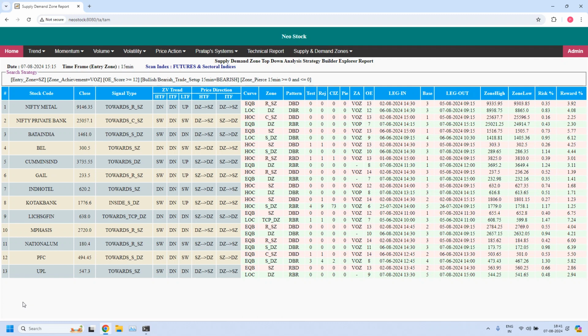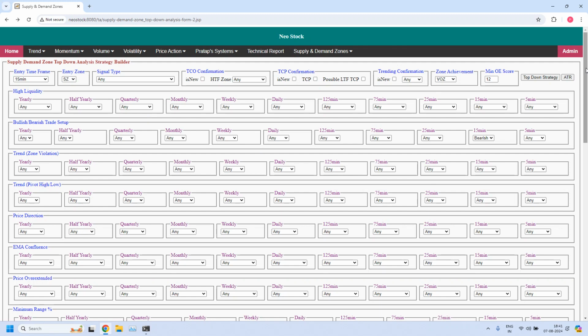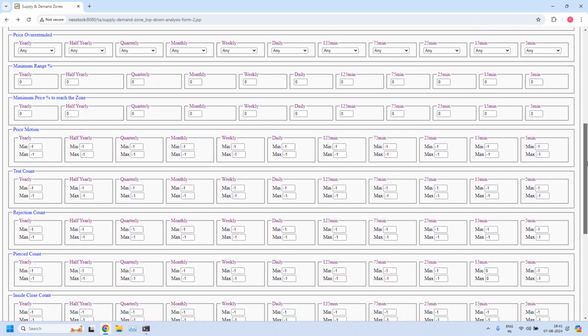and these 13 stocks are supporting the bearish trade setup for daily income trade, that is, the entry time frame is 15 minutes. You can check the values: entry zone, supply zone, and in the bullish or bearish trade setup for 15 minutes we selected the value bearish. So out of these 13 stocks, how many have confluence with the ITF time frame? Let us filter. Now we should look for supply zone confluence.